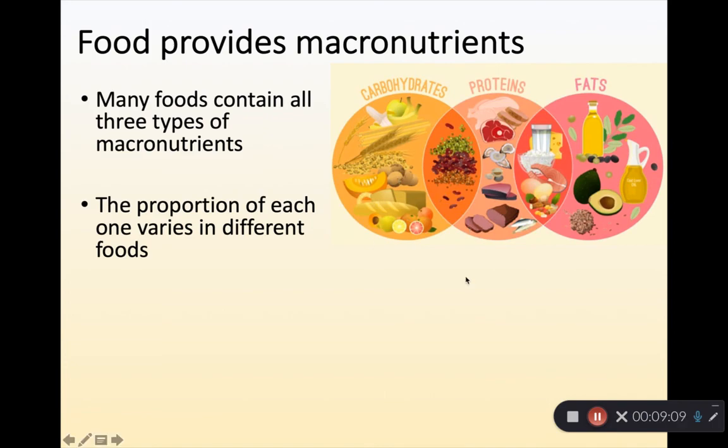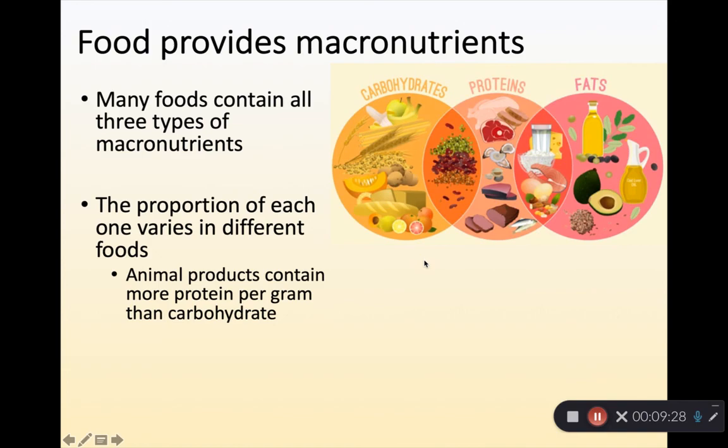So there are some legumes, for example, that are very dense in carbohydrates and proteins compared to something like a fruit, which may have carbohydrates in it, but is not necessarily a dense carbohydrate. And generally speaking, animal products contain more protein per gram than a carbohydrate.